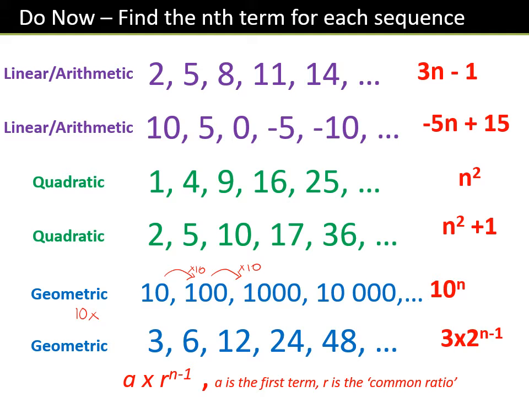So I've got a is 10 times r, which is 10 to the n minus 1. And then using my index laws, that's where I get my 10 to the n, but it's the same formula here that can take us there. Okay, as I say, we'll be coming on to geometric sequences and series in a bit, but for today, we're looking at linear or arithmetic.